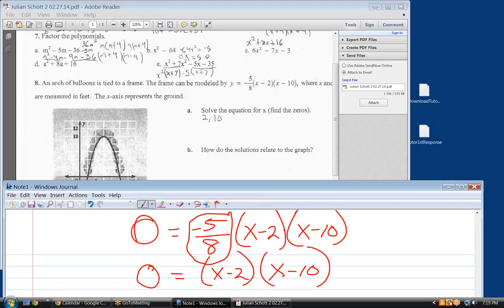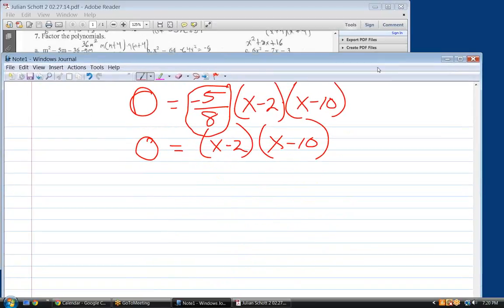What I technically did was multiply both sides of the equation by minus 8/5, turning this into 1, turning the right side into this, and the left side stays at 0. Now, how do we solve that?